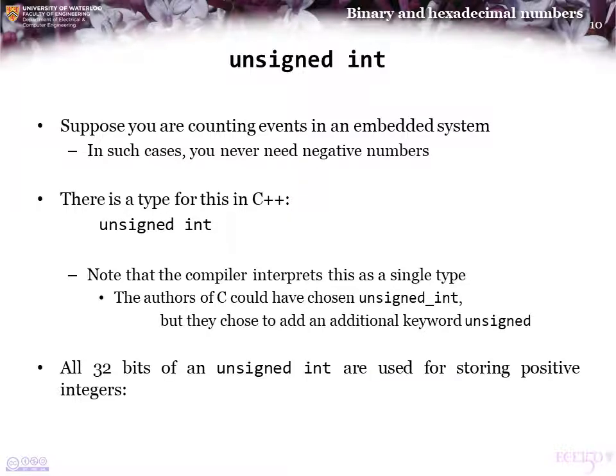At this point, all 32 bits of an unsigned int are used for storing a positive integer value. And because there are 32 bits, we can store values between 0 and 2 to the 32 minus 1, or between 0 and approximately 4.3 billion.